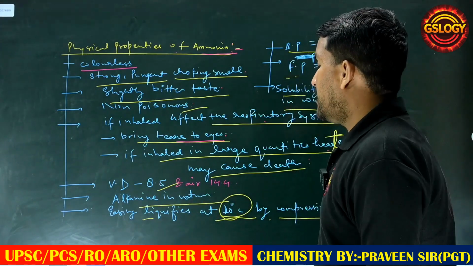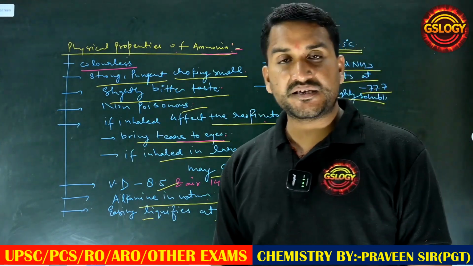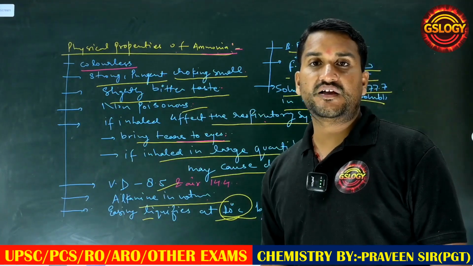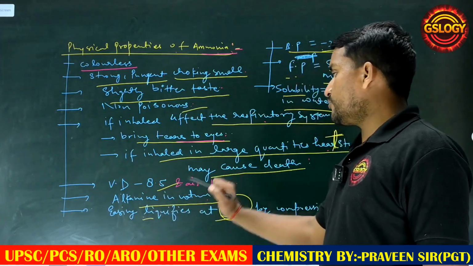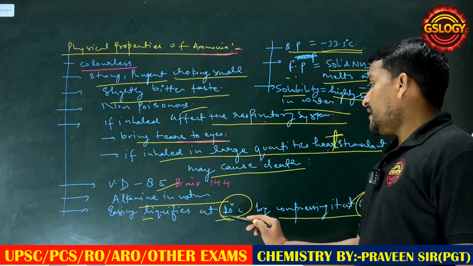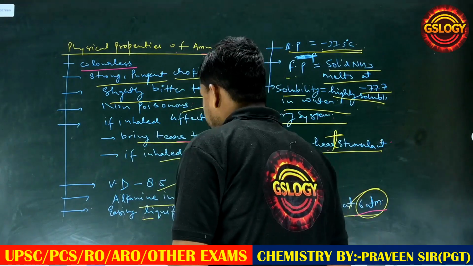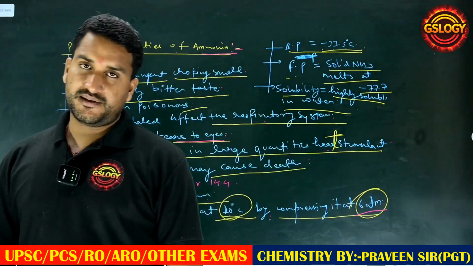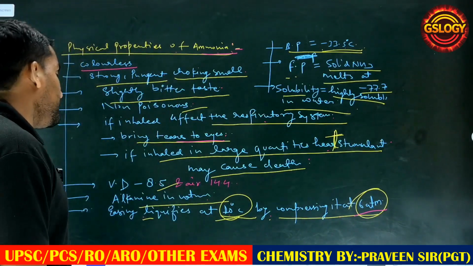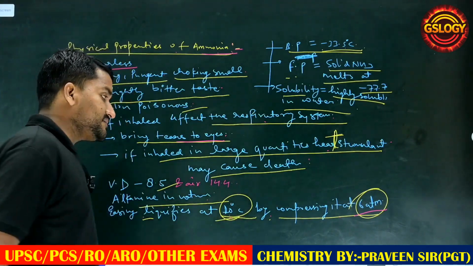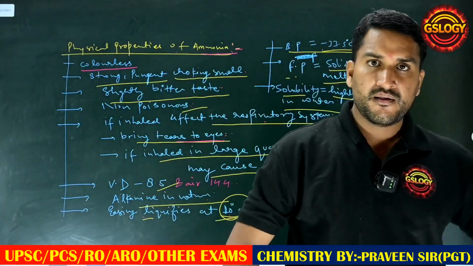Ammonia gas is alkaline in nature, which means basic in nature, due to the presence of the lone pair on the nitrogen. Ammonia gas easily liquefies at 10 degrees Celsius by compressing it at 6 atm. You can convert ammonia gas into liquid at 10 degrees Celsius by compressing it at 6 atmospheric pressure.